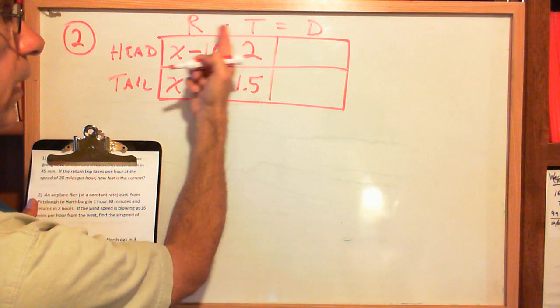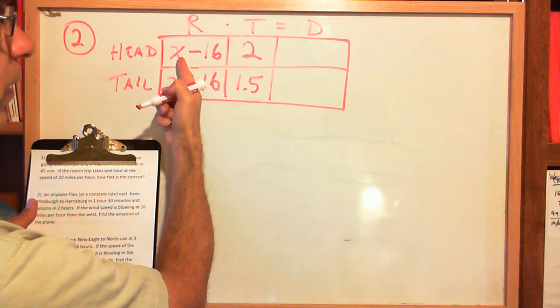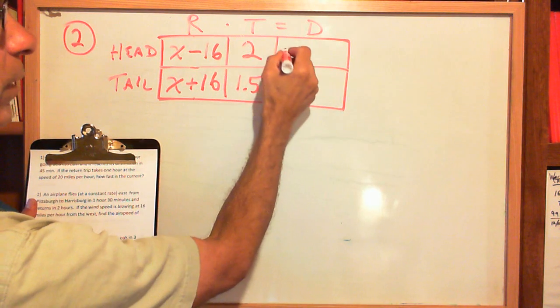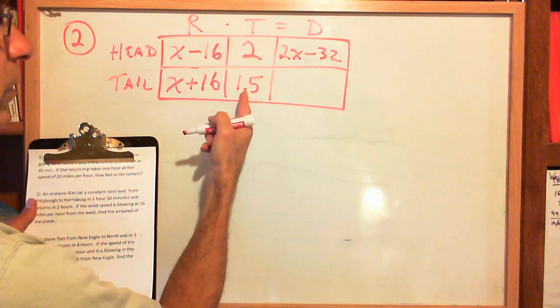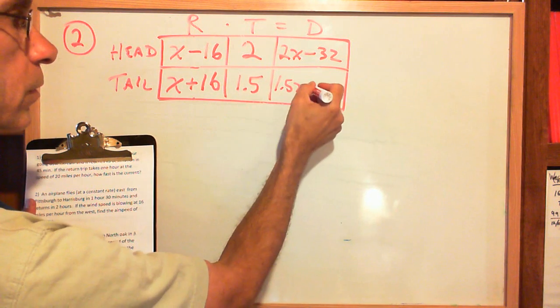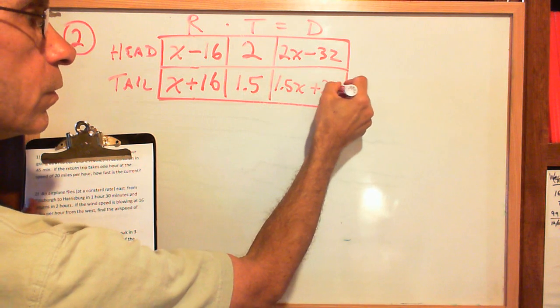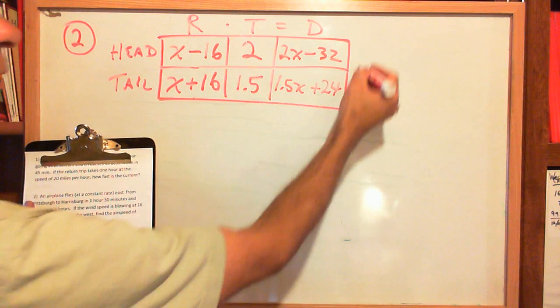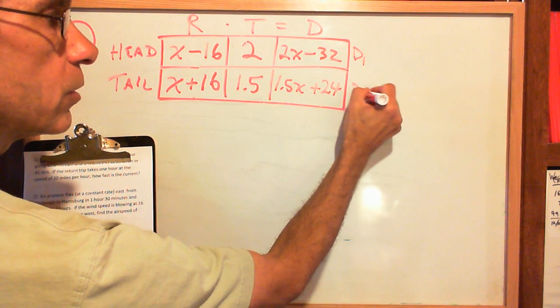I just do rate times time, which means I'll be using the distributive property: 2 times x minus 2 times 16. So that's 2x minus 32, and this is 1.5x plus 24. Now, this is D1, this is D2.